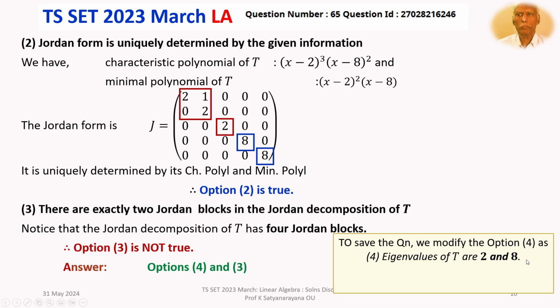Then in that case, option 4 is true, and thereby there will be only one option that is not true, that is option 3. Therefore, the answer to this question will be option 3 under this suggested modification.